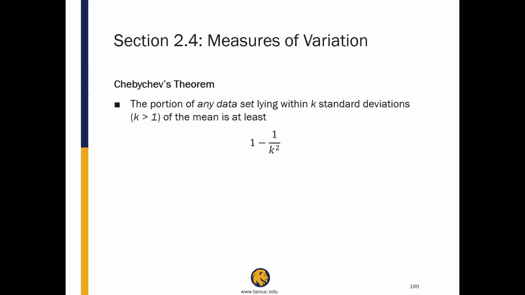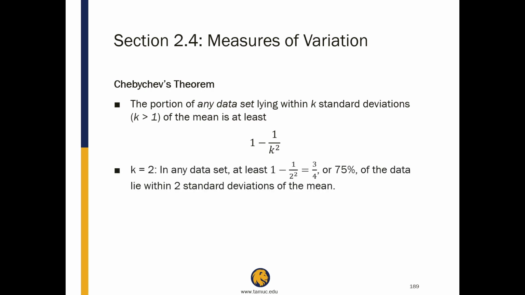There's a follow-up formula that goes along with our distributions and the discussion of percentages. It's called Chebyshev's theorem. Chebyshev's theorem says that the portion of any data set lying within k standard deviations, for k greater than 1, of the mean is at least 1 minus 1 over k squared.